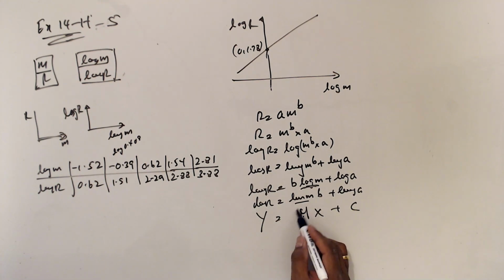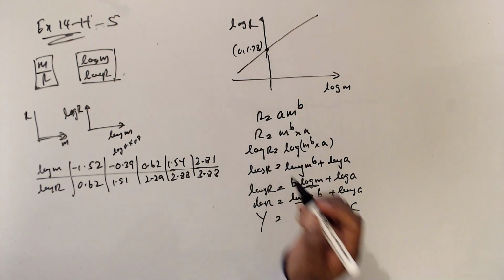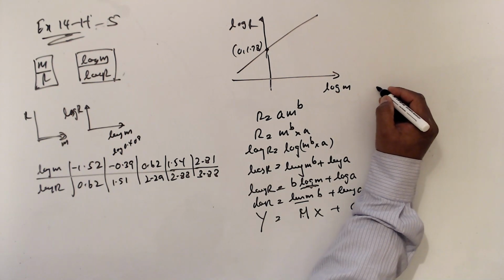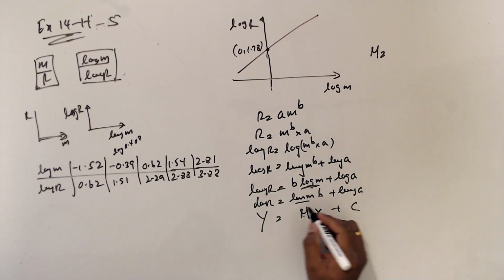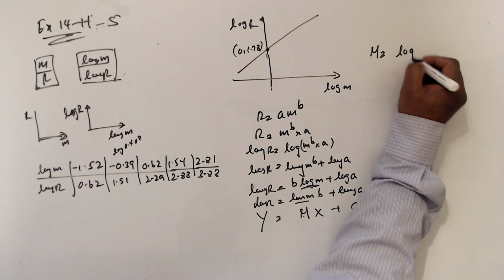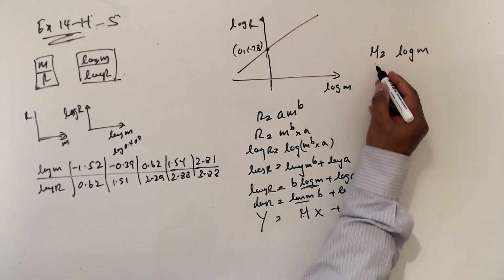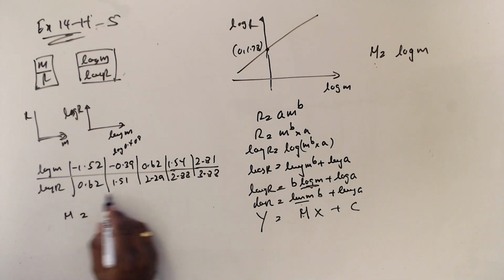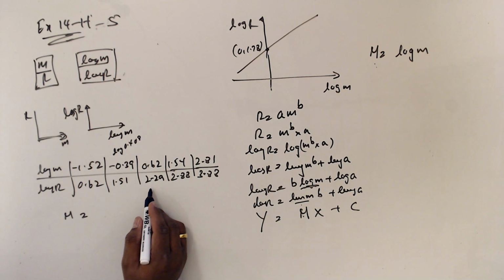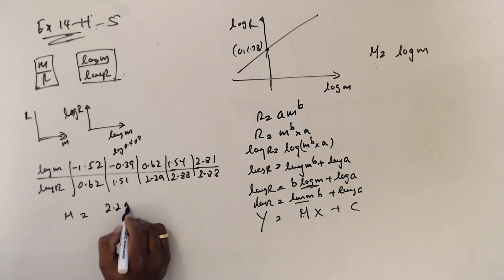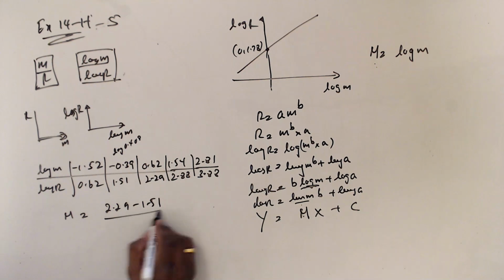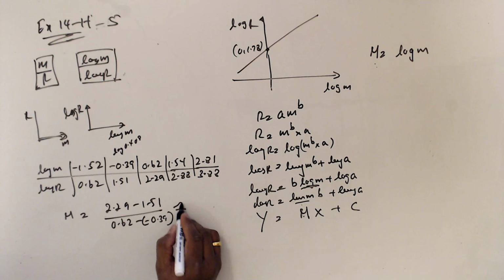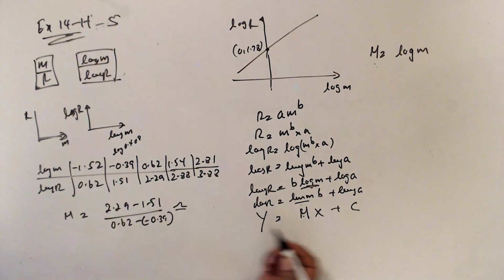Now if we find the gradient from the graph, let me do a small correction.